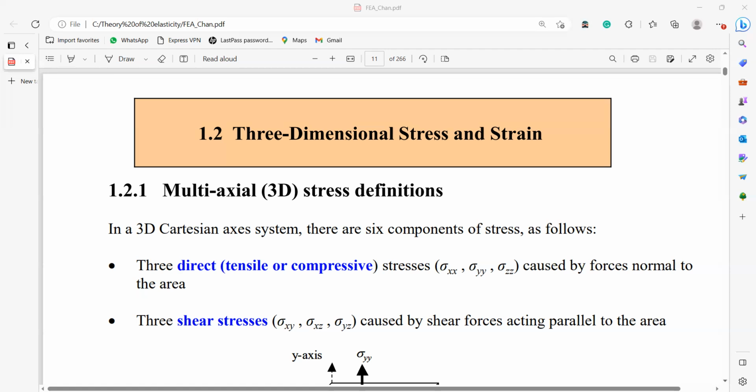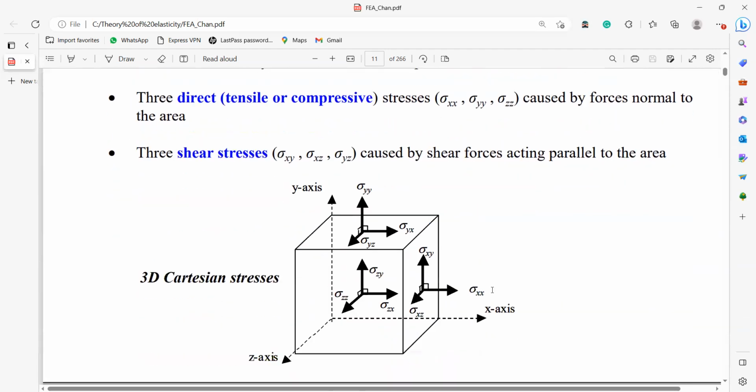So here sigma yy is normal to the area. So is it a direct stress? And sigma yx or sigma yz, it's parallel to the area. So is it called a shear stress?